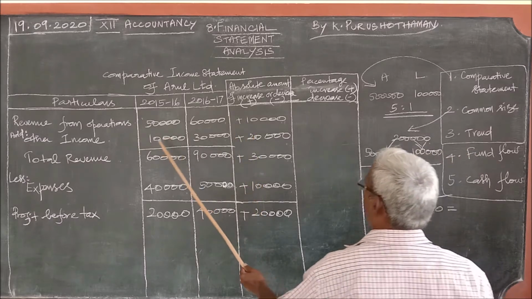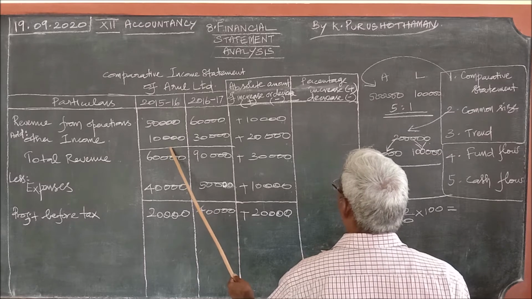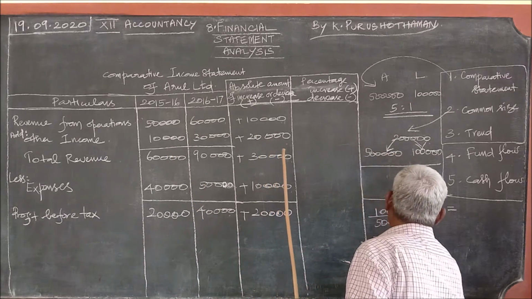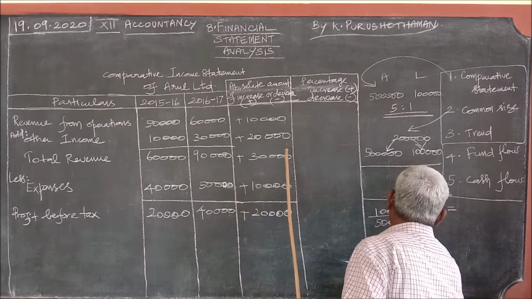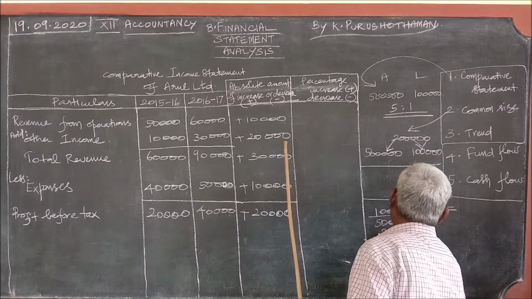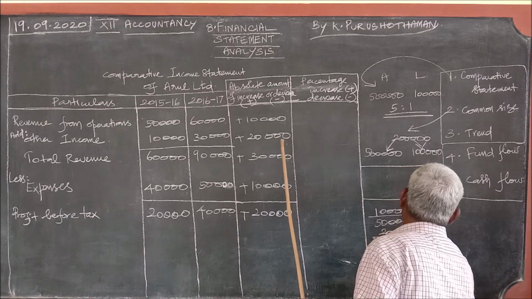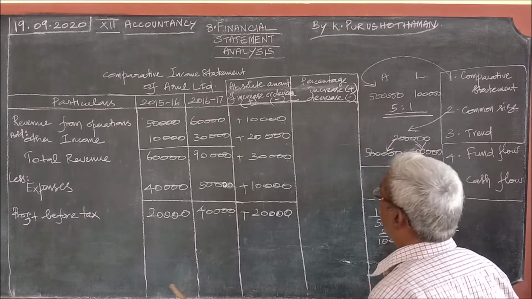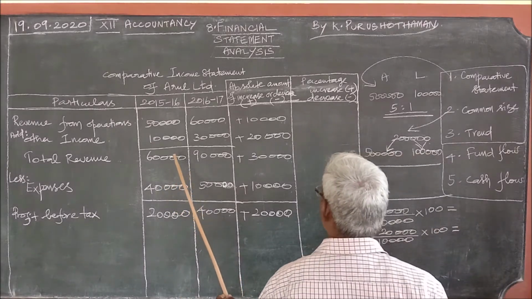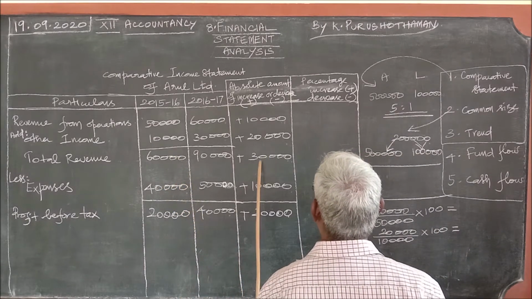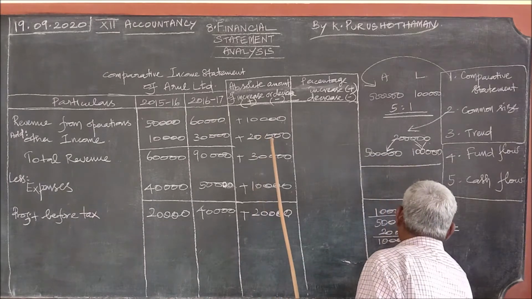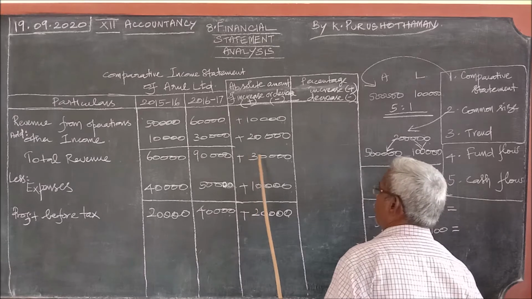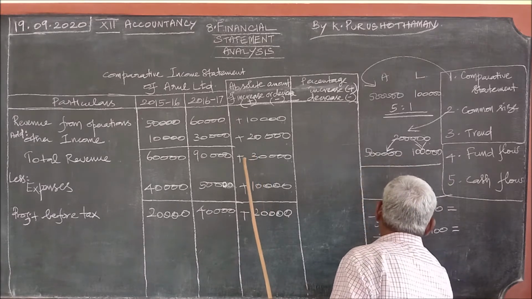Then, for 10,000, the increase is 20,000. For 100, how much? Listen carefully. For 60,000, the increase is 30,000.